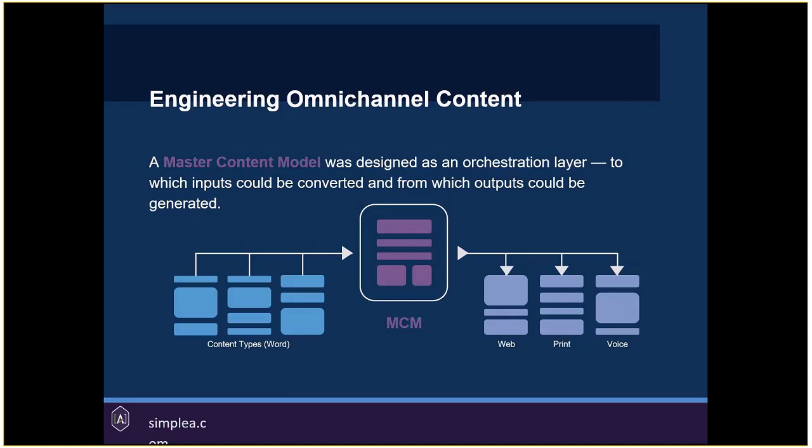Essentially, what I mean by that is we specify how our content components are shaped across all of our content assets. And then we explicitly specify the mapping of how those content components relate to our different structural representations across the content lifecycle. It's a supermodel, essentially.